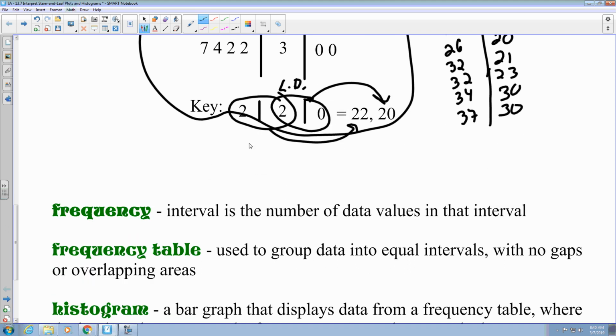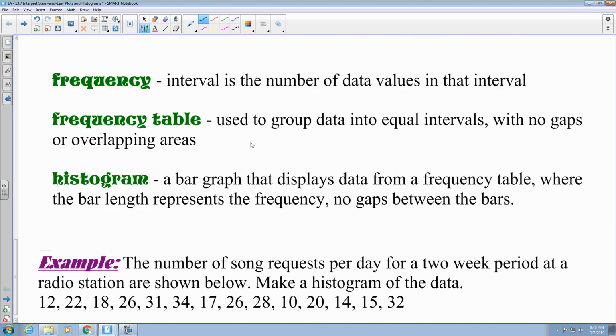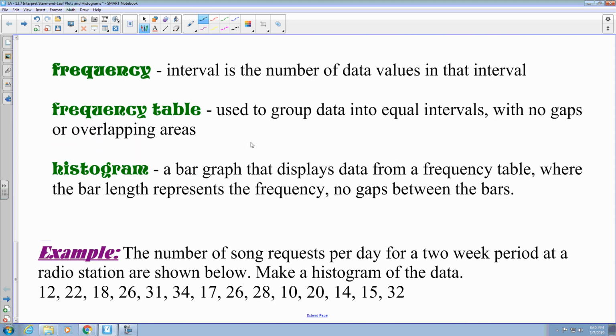And moving forward, we're going to look at being able to draw a histogram graph. So, a couple things that you are going to have to do in order to draw this graph is, first thing we're going to look at is frequency.